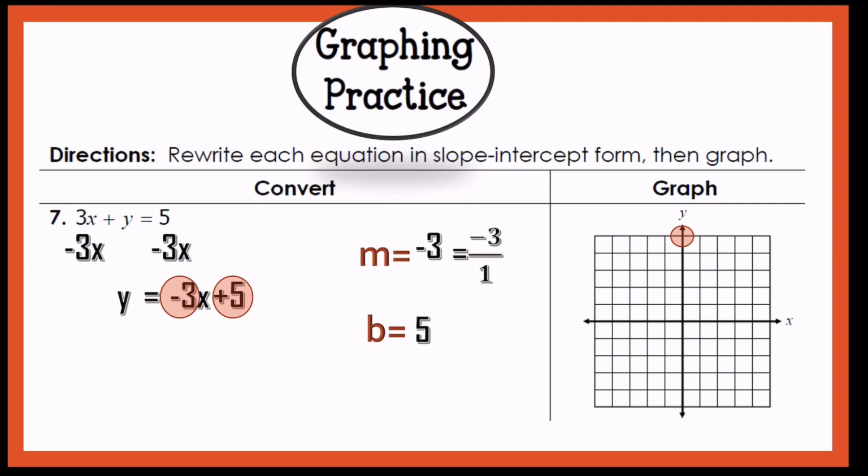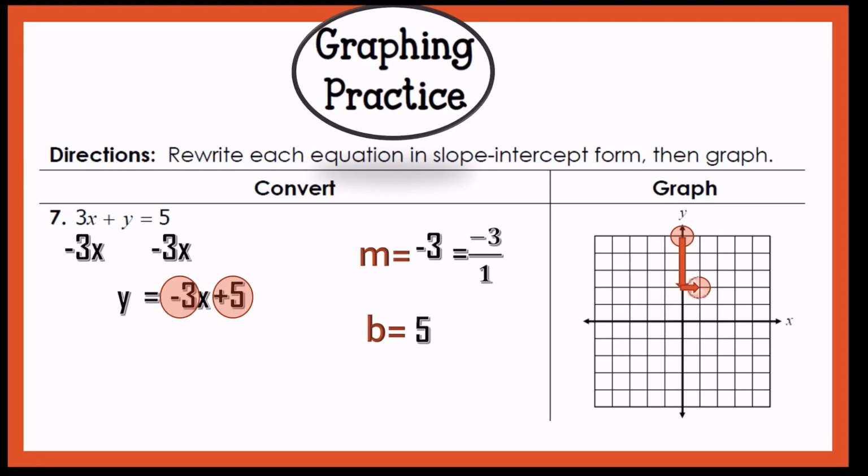So then I'm going to rewrite it as a fraction because I need a rise and I need a run. The number on top is my rise, but it's negative. So I'm really going to go down 3. My run is the number on the bottom, my denominator. It's a positive 1, so I go right 1. Then I place my point.